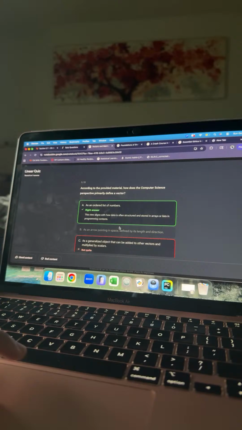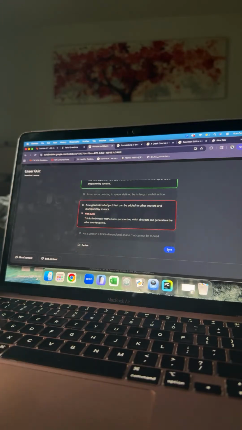I think it's C. What? An ordered number? That was my last guess, bro. Because you can have a vector that's not ordered, right? But I guess I was wrong. This view aligns with how data is often structured and stored in arrays or lists in programming contexts. Okay, that shows we didn't study this.